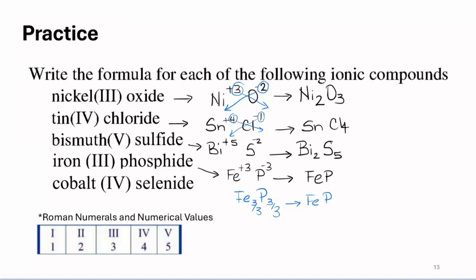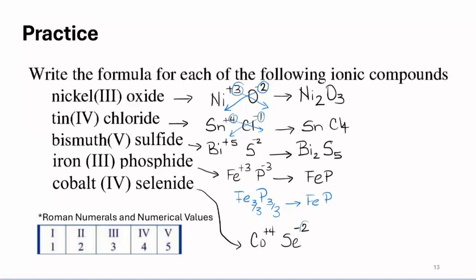Let's do cobalt 4 selenide. When it comes to cobalt 4 selenide, cobalt is Co, +4 because of the Roman numeral. Selenide, since it lives in 6A, is -2 charge.